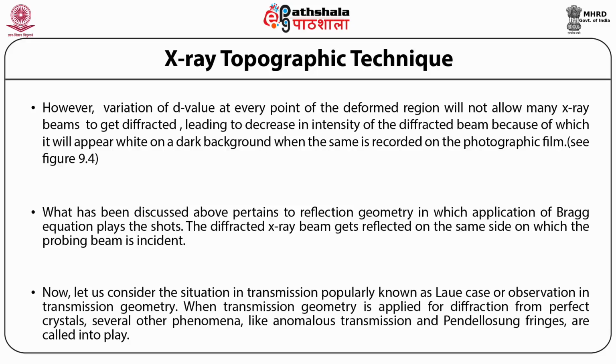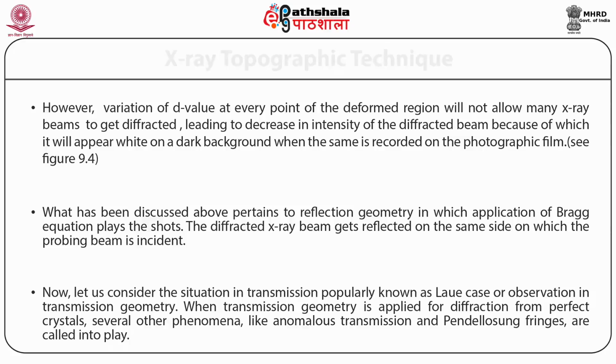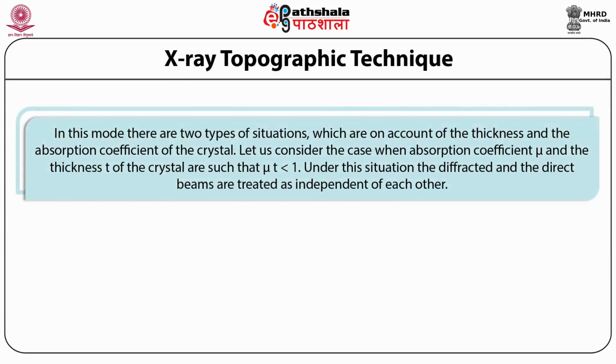When transmission geometry is applied for diffraction from perfect crystals, several other phenomena like anomalous transmission and Pendellosung fringes are called into play. In this mode, there are two types of situations, which are on account of the thickness and the absorption coefficient of the crystal.